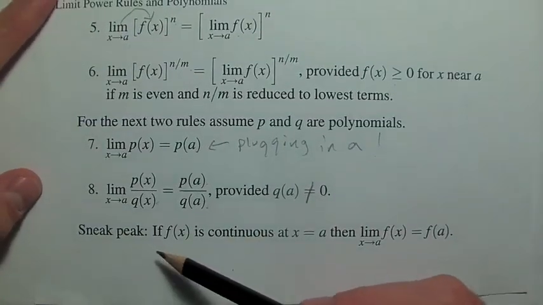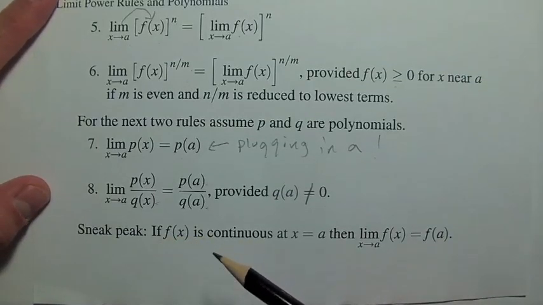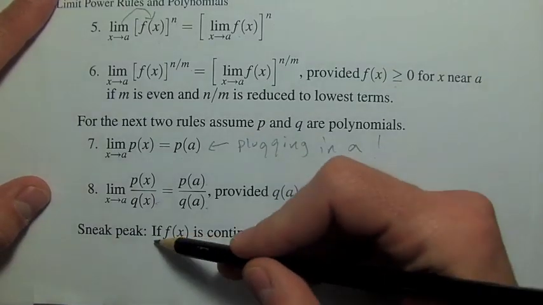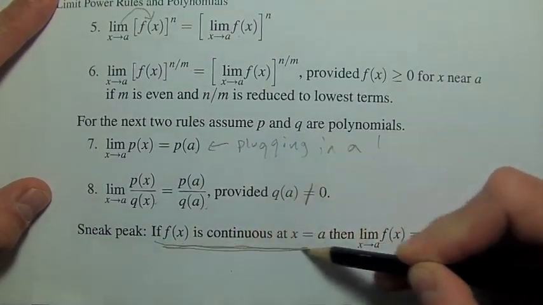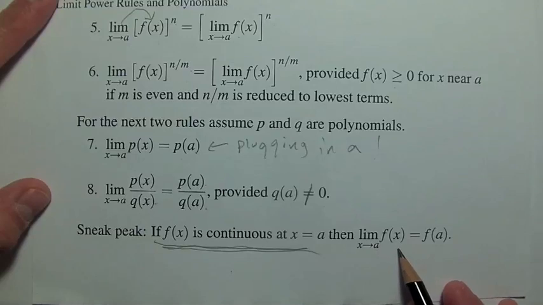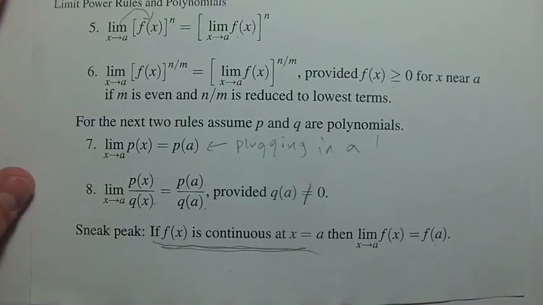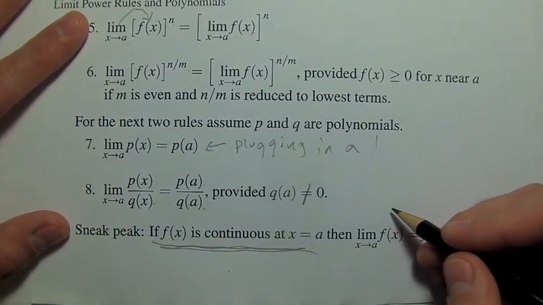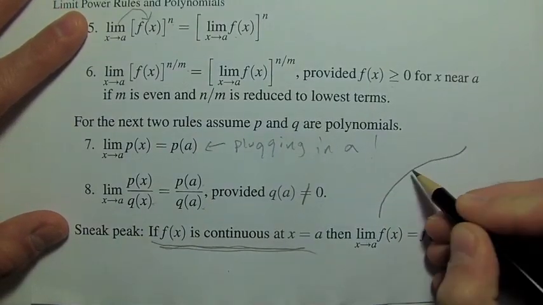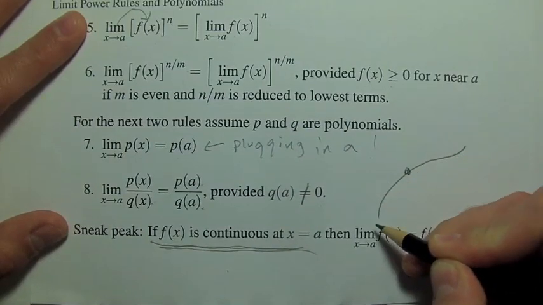And this is a sneak peek that I talked about last time. I've talked about it a little bit today. But basically, if f of x is continuous at x equals a, then the limit as x goes to a of f of x is going to be equal to f of a. If you think about it, for a function to be continuous, its graph has to be nice like this.